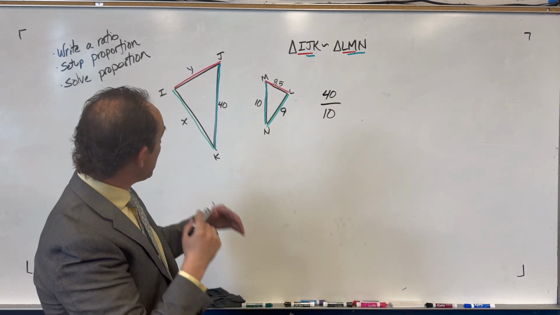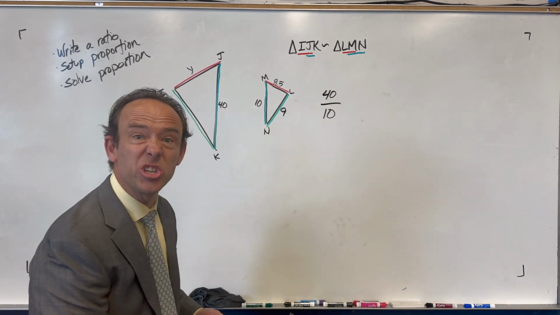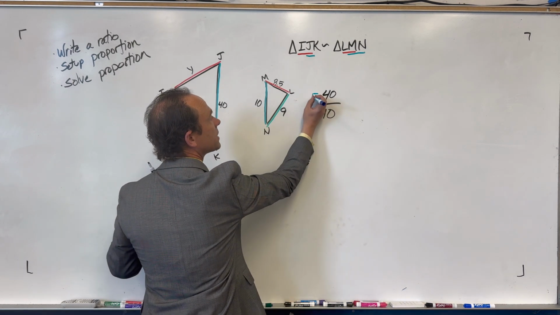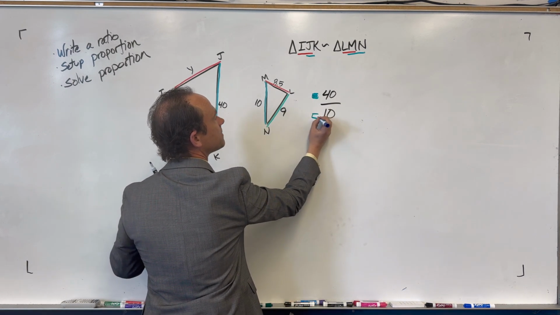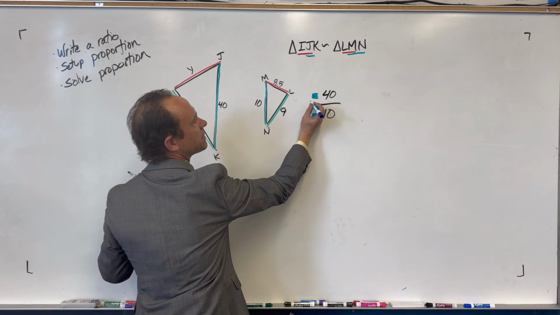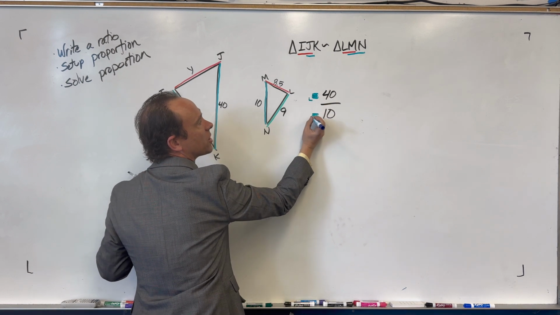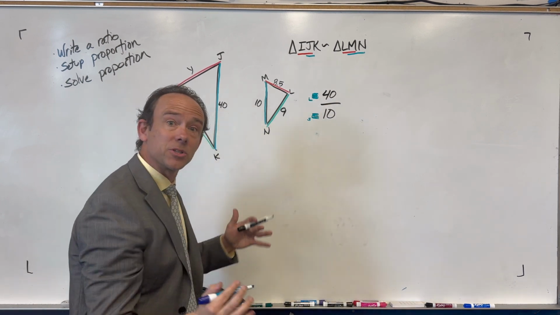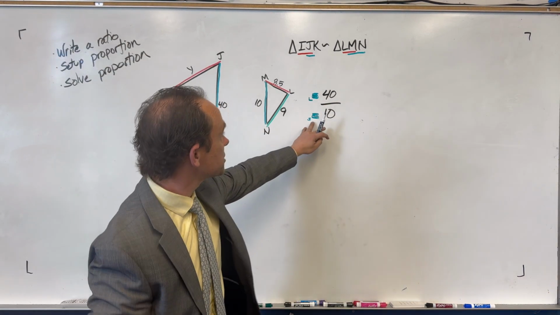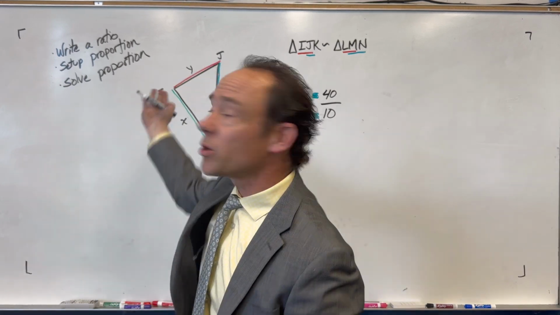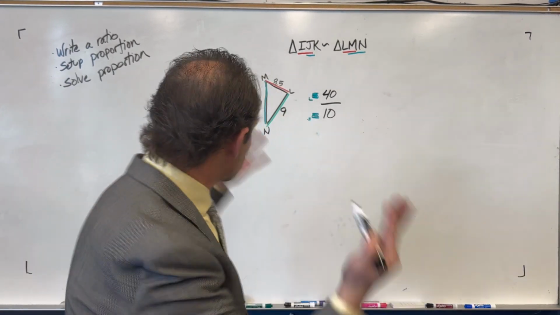I want to make sure, and I'm going to do it using color, L for large and small, so the blue of the large and the blue of the small. All right, so I wrote a ratio. Any ratio you want to write, just write it.